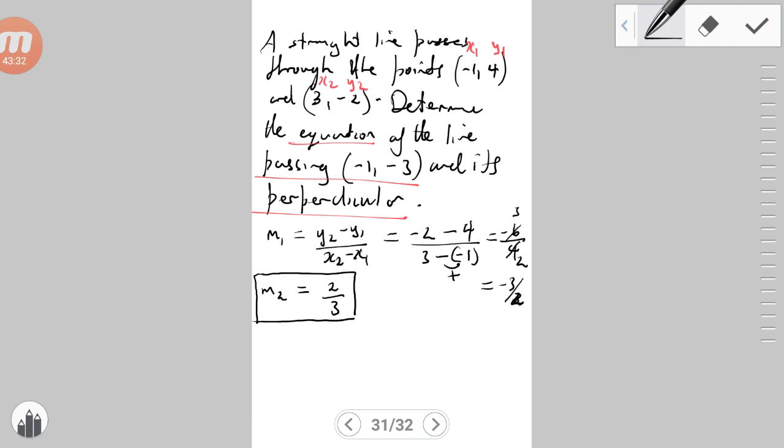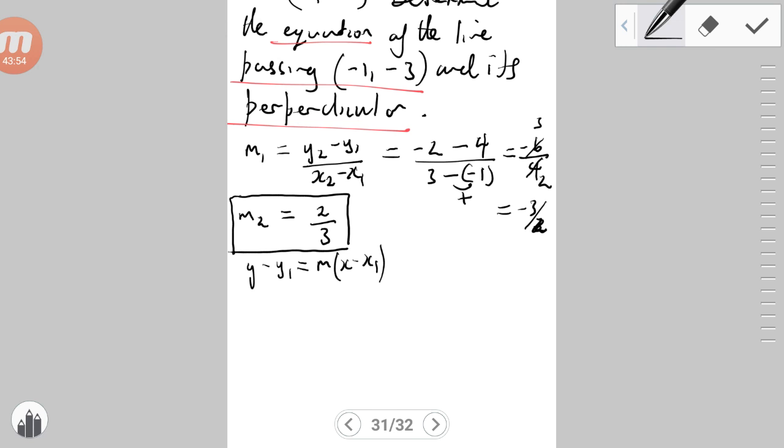Right? Good. Now, we're going to still use the formula y minus y1 is equal to m times x minus x1. But again, guys, if you are comfortable with using y equals mx plus c, that's entirely up to you. Right? So here we go.